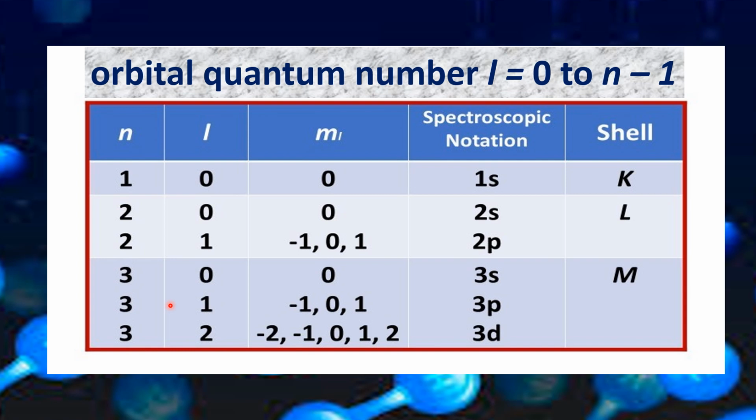If n equals 3, that means 3 minus 1, that gives us 2, plus the first one, which is 0, so that gives us 3 possible orbital quantum numbers. L could be 0, 1, or 2.